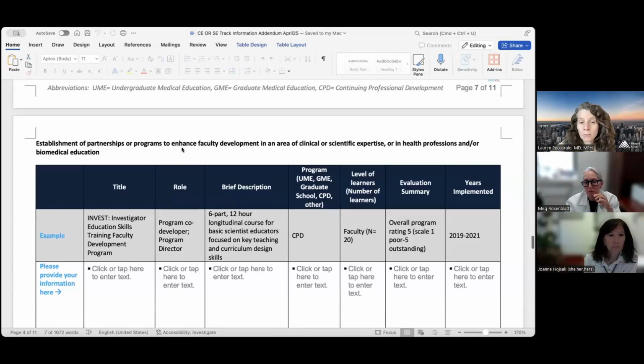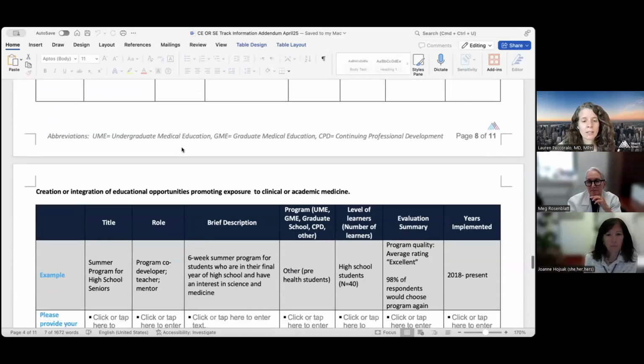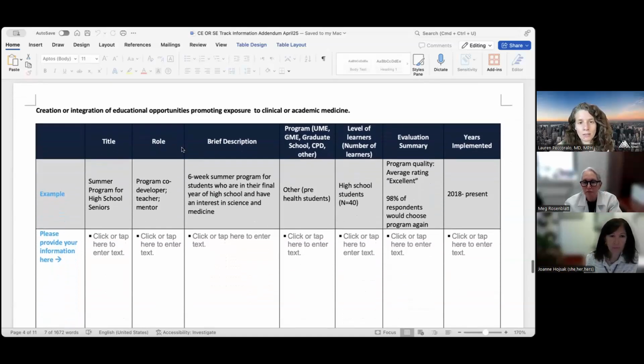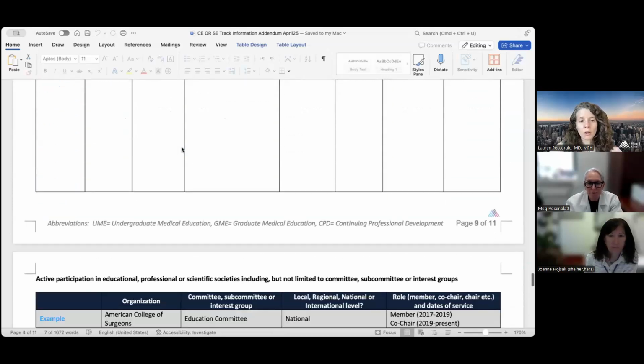There are also partnerships, so maybe you formed a committee related to improving teaching. It's really trying to get everything related to teaching and education that you've done in one place, and not to be redundant.